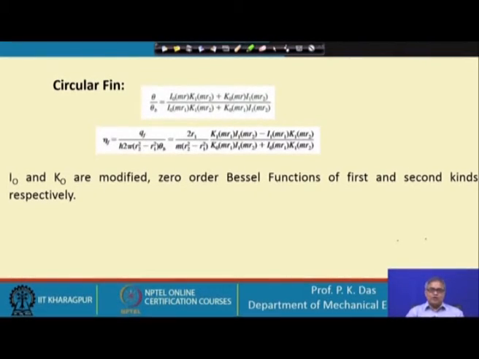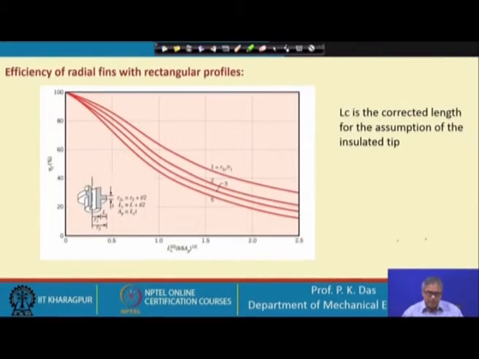That is what I was going to tell, that sometimes the fin analysis is very complex. For a circular fin, which I have shown earlier, the analysis becomes very complex, and then in this case the efficiency generally we determine with the help of a chart or a graph like this, and here I have shown how one can use this.